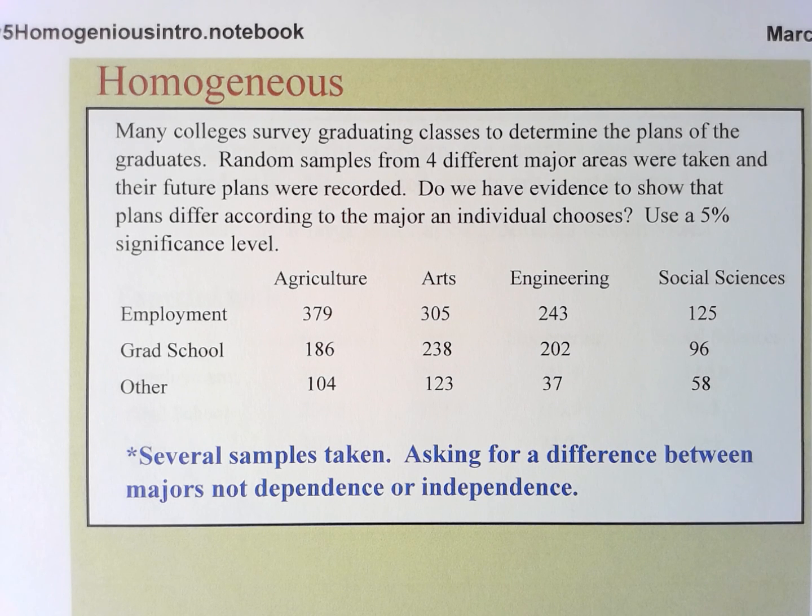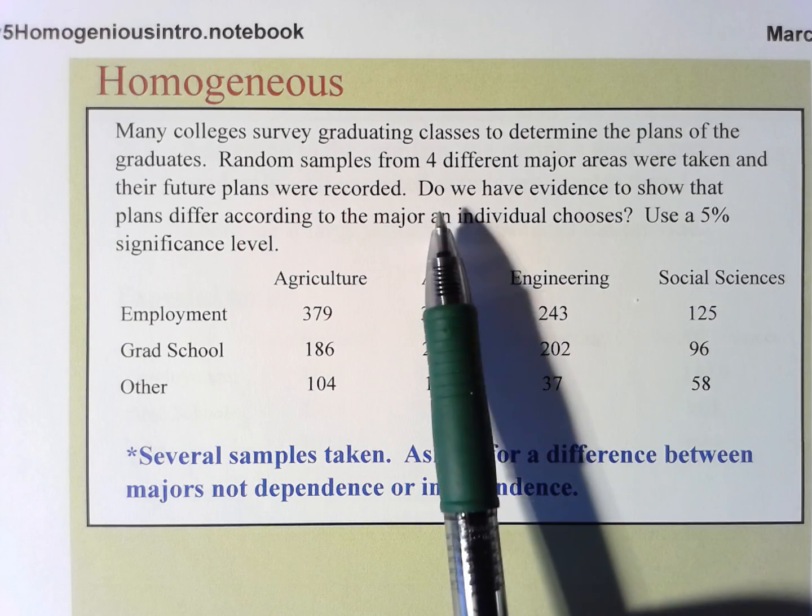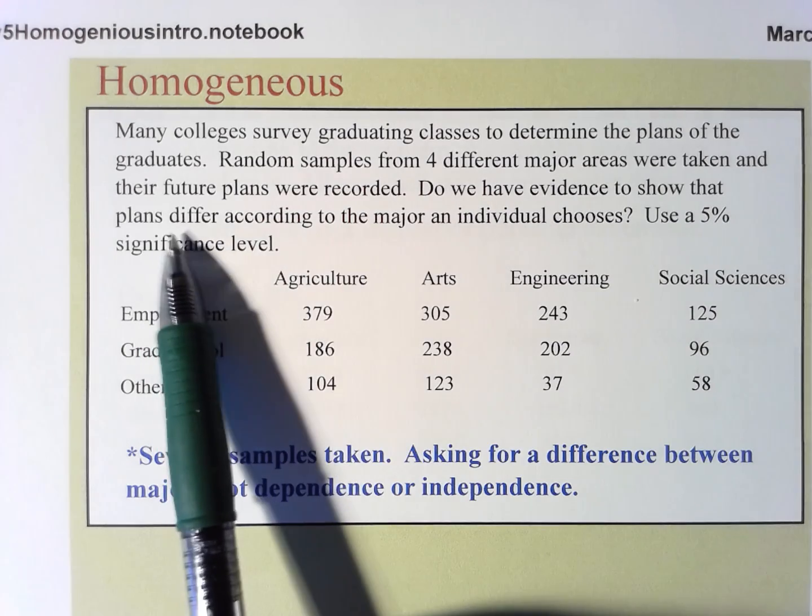Many colleges survey graduating classes to determine the plans of the graduates. Random samples from 4 different major areas were taken, and their future plans were recorded. Do we have evidence to show that plans differ according to the major an individual chooses? Use a 5% significance level. See the wording here? Do we have evidence to show that the plans differ?